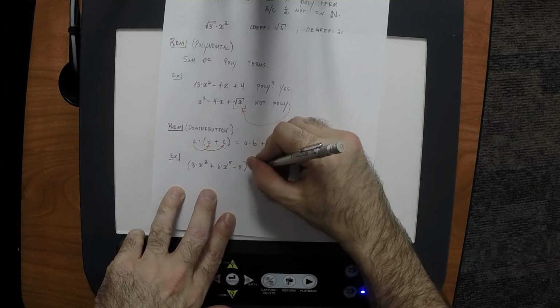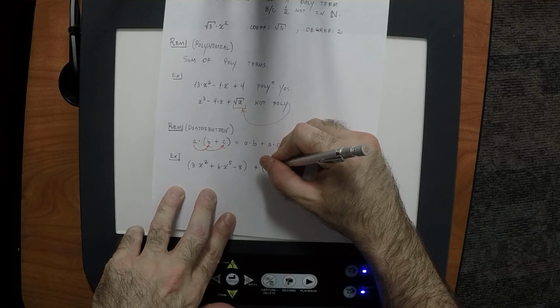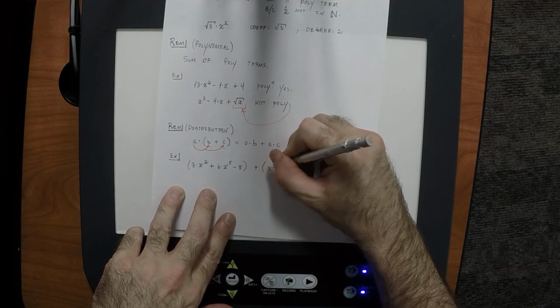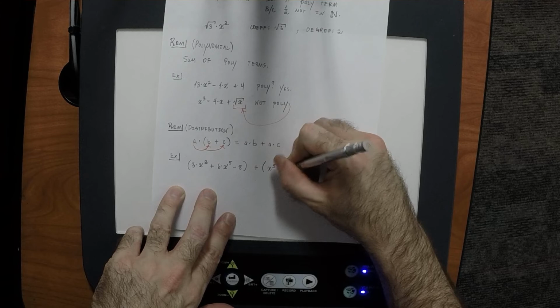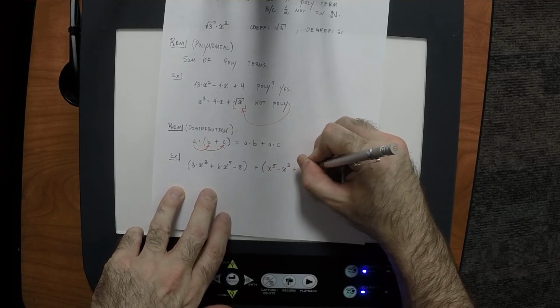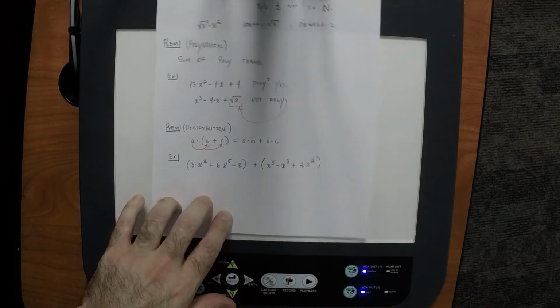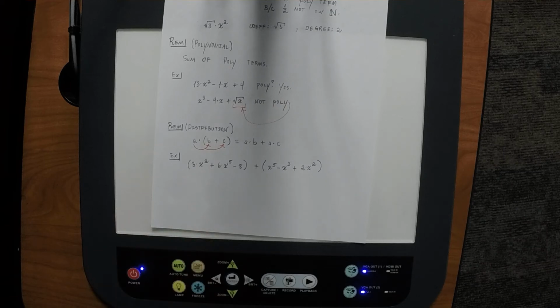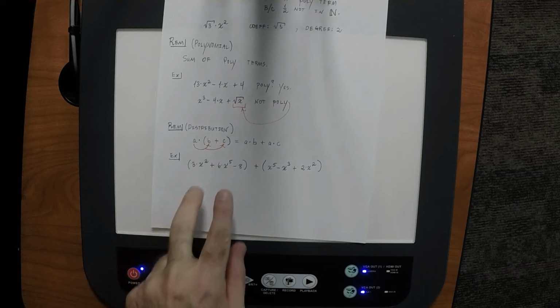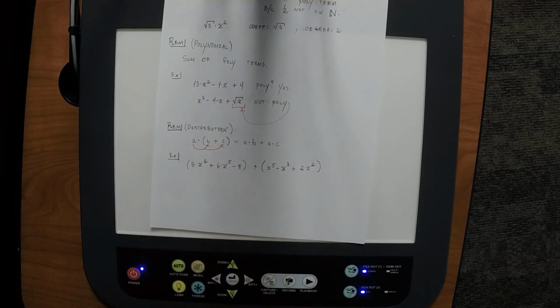And then to that, we'll add, something like, I don't know, x to exponent 5, subtract x to exponent 3, add 2 to exponent 2, like that. So inside of each set of parentheses are polynomials. So that's a polynomial, and that thing itself is a polynomial. So we've got 2 polynomials, and I'm saying that, hey, did you know you can add polynomials?